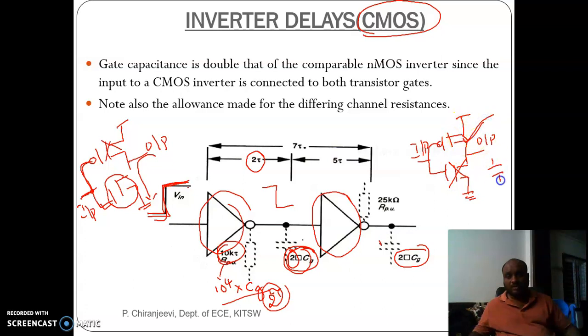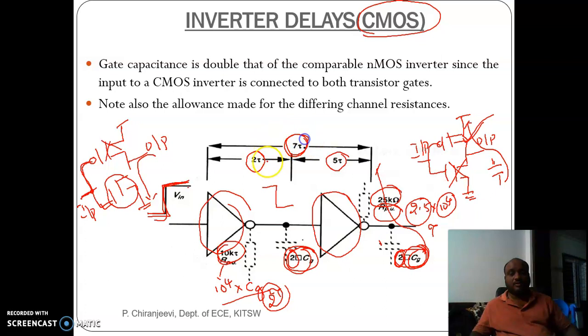So the capacitor connected will charge through this pull up network. These 2 times the standard unit of capacitance will charge through it. In a CMOS based circuit, the pull up will be 25 kilo ohm, that is 2.5 into 10 power 4. So 10 power 4 multiplied by Cg is tau, whereas 2 into 2.5 is 5, representing 5 tau. So in turn, the overall inverter delay of the CMOS based circuit is 7 tau.